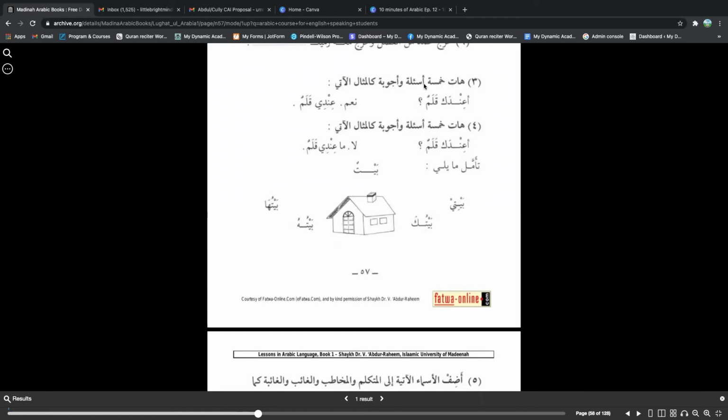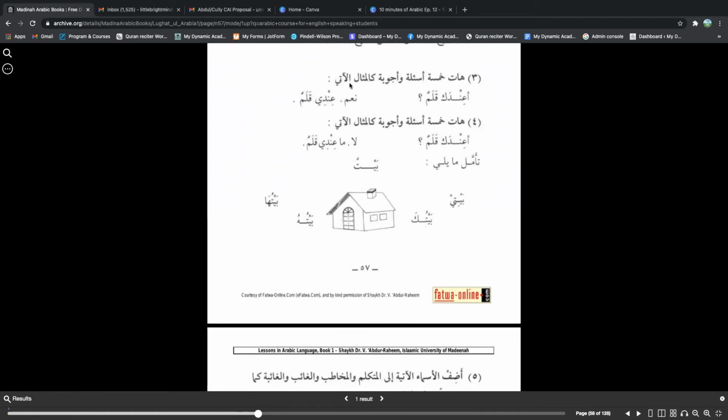Hati khamsata as'ilatin wa ajwibatin, five questions and answers. Kal-mithal al-ati. So this ka here means like or as. Kal, and we have hamzat wasl, so it's going to go right to the lam. And it also makes what comes after it majroor. Kal-mithal al-ati. Like the following example.